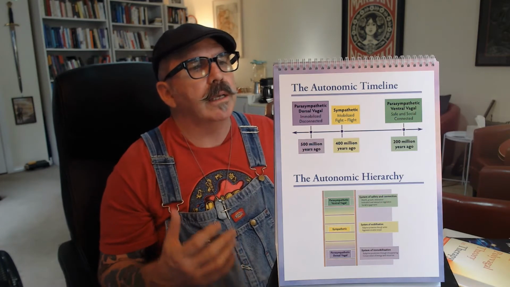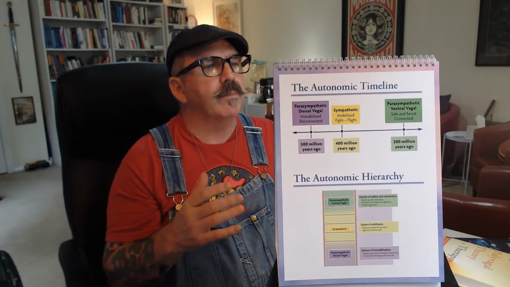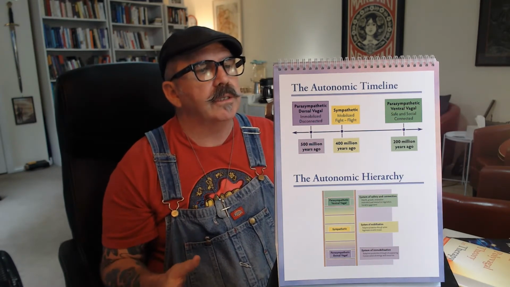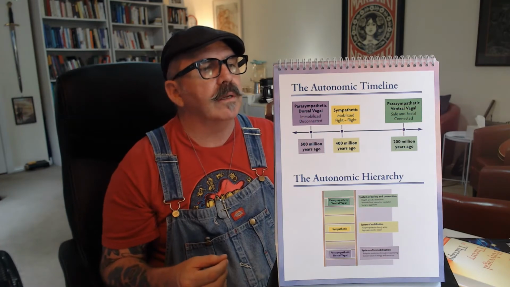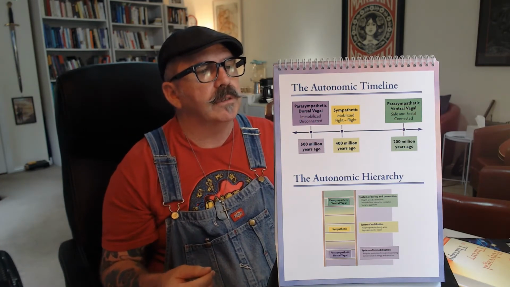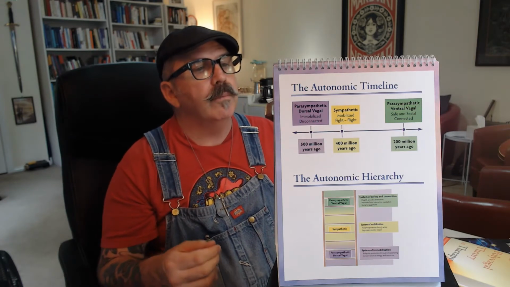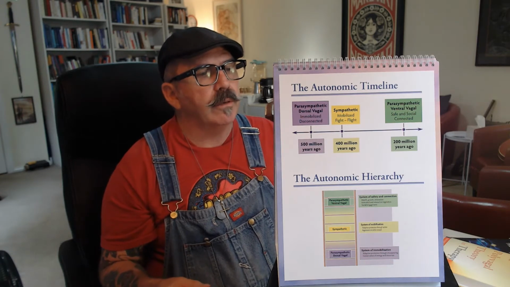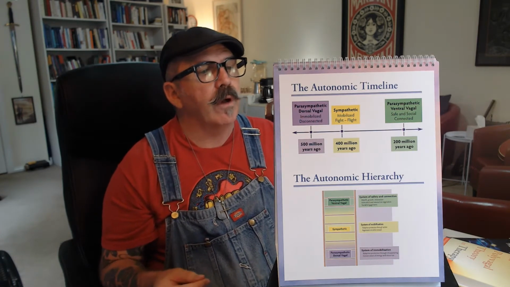So the hierarchy: the autonomic nervous system works in a predictable hierarchy. At the top is the ventral vagal, the state of safety and connection. When clients are confronted with a challenge that overwhelms the capacity of their ventral vagal system to maintain regulation, they move down one step into the mobilization of the sympathetic nervous system and some form of fight or flight.